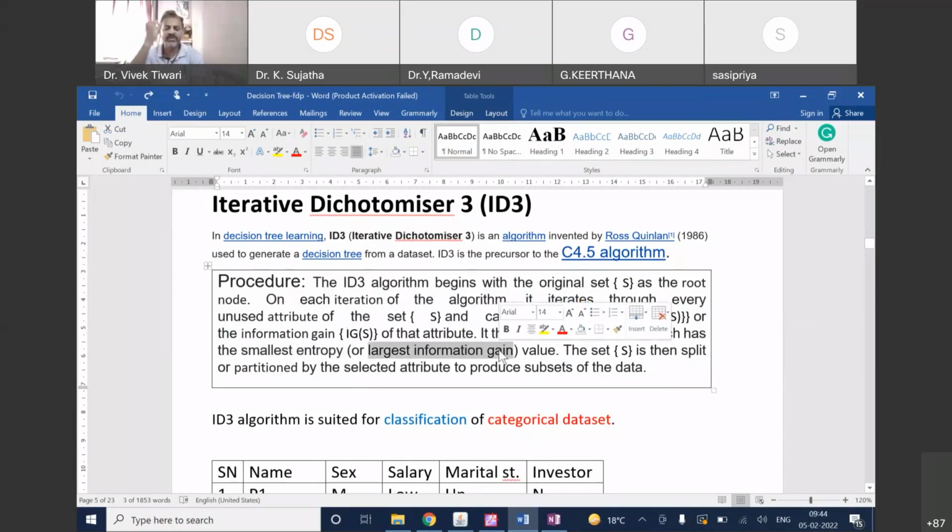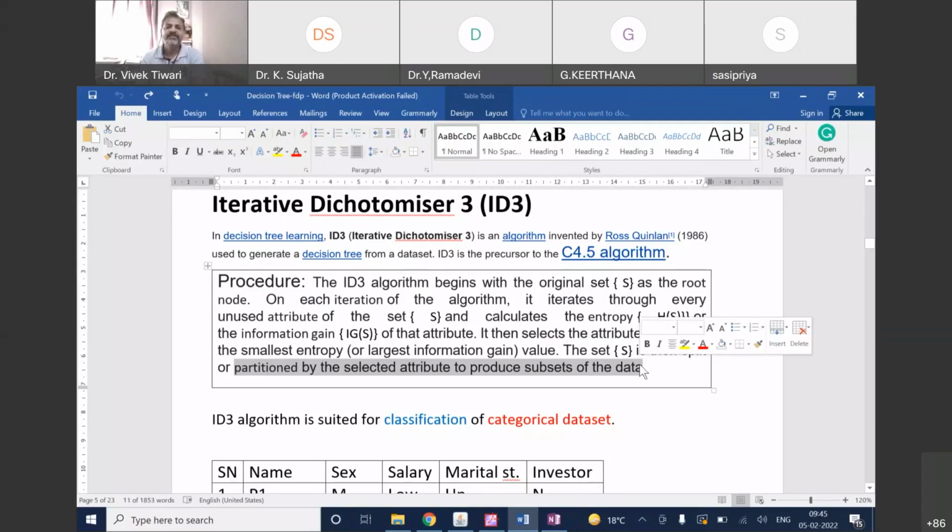So if you have the smallest entropy, automatically it will have the largest information gain. I will cover entropy and information gain later in this lecture. The set S is then split or partitioned by the selected attribute to produce subsets of the data. So that is the whole working of ID3 presented there.